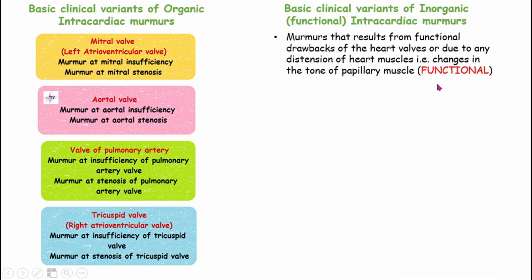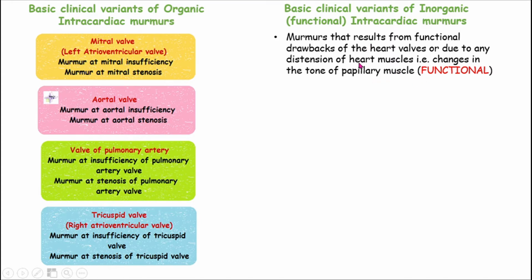The first type is the functional type. It occurs due to functional drawbacks of the heart valve, which can be occurring due to some distension of the heart valves, for example changes in the tone of the papillary muscle, as an example.